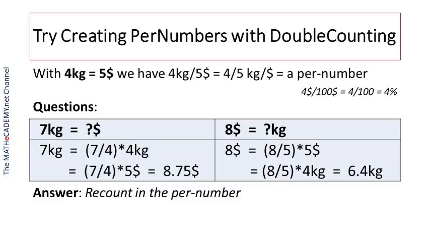Asking 7 kilograms gives how many dollars, we get the answer by recounting the 7 in 4s, so many times we have $5. Likewise, when asking $8 gives how many kilograms, we recount 8 in 5s. So in both cases we just recount in the per number. Double counting is also called proportionality.